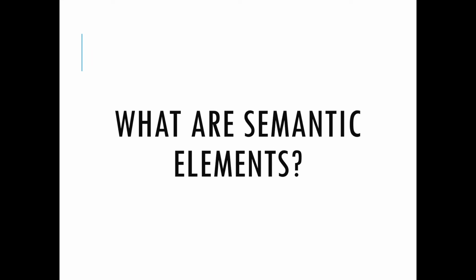Before we go into any code, I wanted to take this time to talk about semantic elements. The word semantic is the study of meaning in language. So in our case, the study of meaning in programming language. Elements are different tags in between the HTML tag.